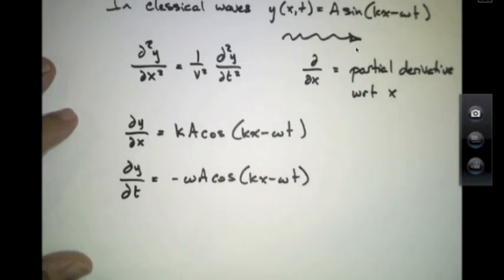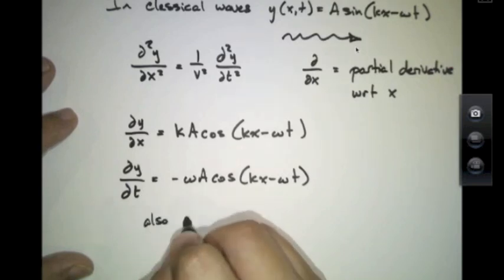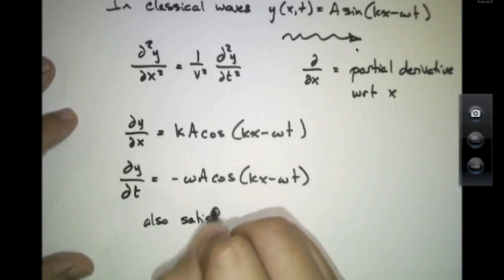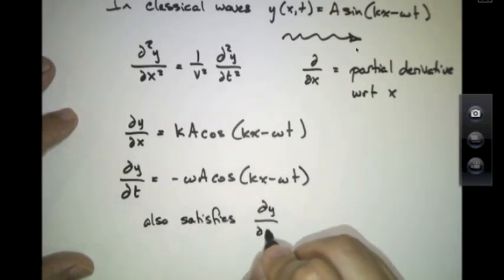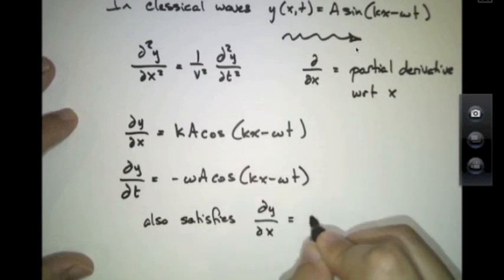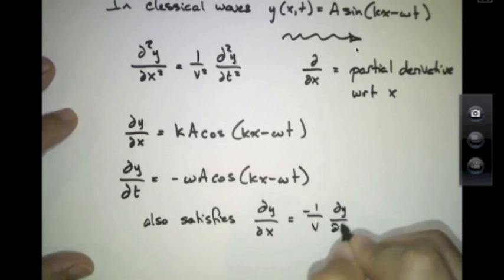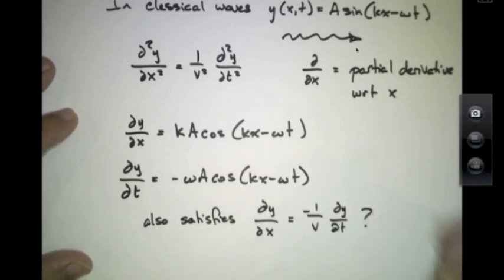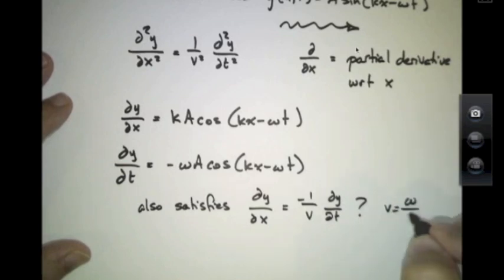So it does seem to be true that this particular sinusoid also satisfies the wave equation, written like so, as long as v is omega over k.